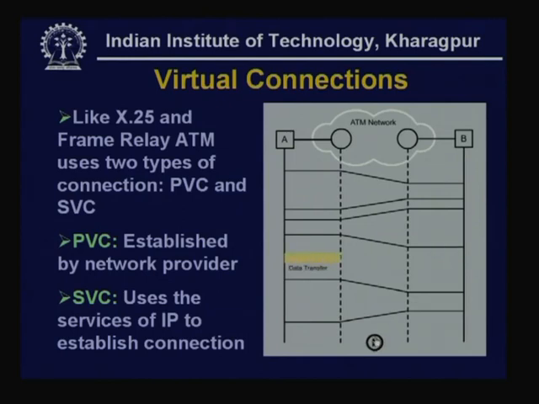As you can see, data transfer is taking place between two end users, and after the data transmission is finished, the connection is released, and the release connection signal is sent, and release completion signal comes from the other end, and with that it ends. Whenever a particular connection is set up in switched virtual circuit, this is how it takes place. That means the sequence of events that takes place in switched virtual circuit I have explained.